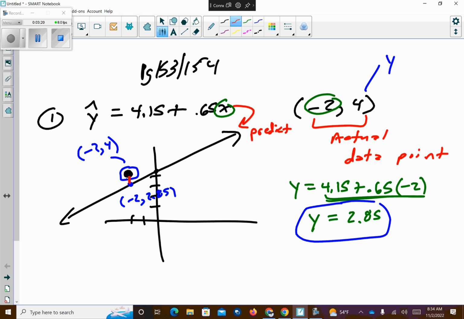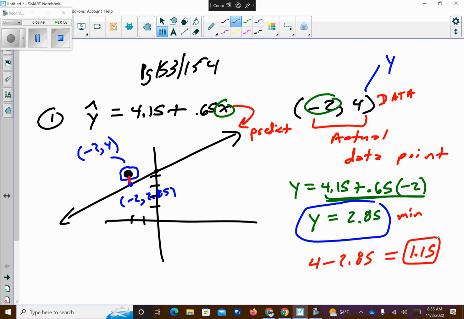That red up there is the residual value. So you subtract the data minus the prediction. I'm going to go 4 minus 2.85, and that gives me a residual of 1.15. The 1.15 means that I was above our predicted. If it was a negative value, that dot would go below it.